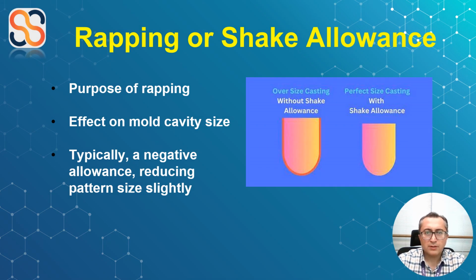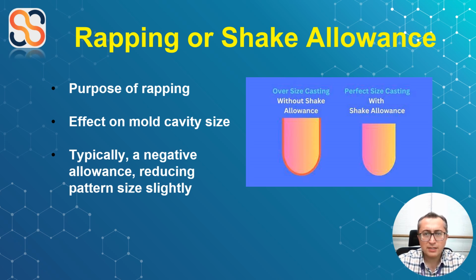Right. Wrapping or shake allowance is an adjustment made to account for the slight changes in mold cavity size that happen when the pattern is loosened before removal. To release the pattern smoothly, it is gently tapped or wrapped, which shifts the mold cavity. This movement makes external sections of the mold slightly expand outward, while internal sections shift inward.